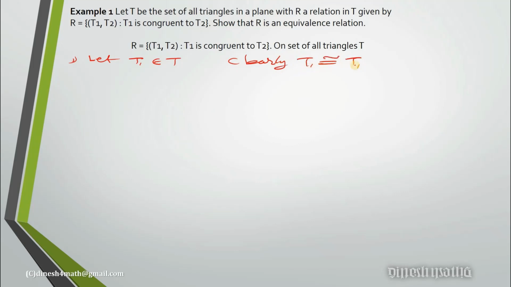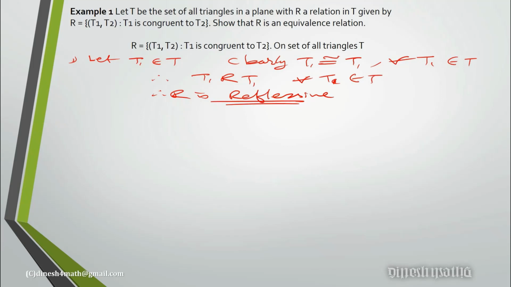If one triangle is congruent to itself, every triangle will be congruent to itself. So T1 is congruent to T1 for every T1 in T. Therefore T1 is related to T1 for every T1 belonging to T. Therefore, R is reflexive. So that's a way of proving.